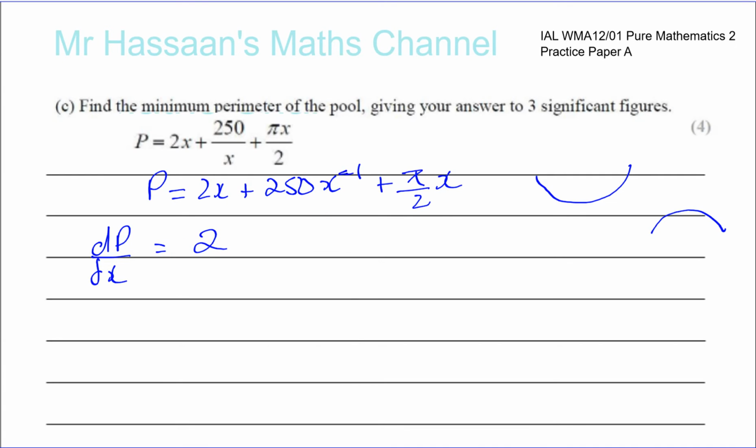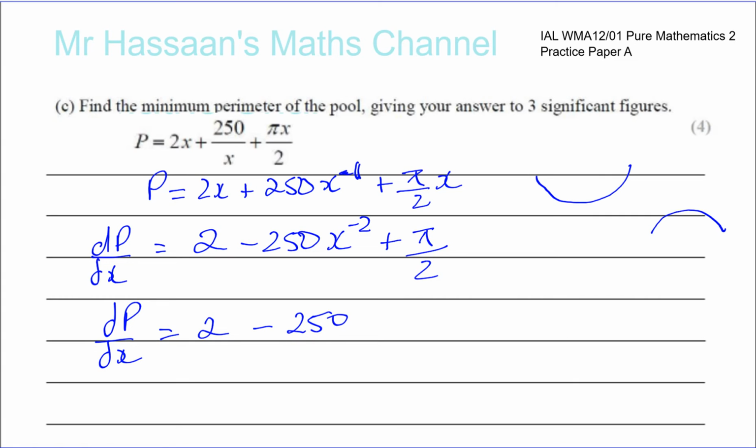When I differentiate 250x to the power of minus 1, I multiply by the minus 1, so I get minus 250, then take 1 away from the power, so I get the power of minus 2. When I differentiate pi over 2 times x, the x disappears, and I'm left with plus pi over 2. So the gradient function is equal to 2 minus 250 over x squared plus pi over 2.